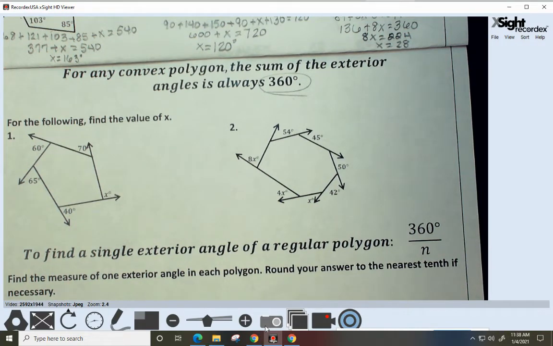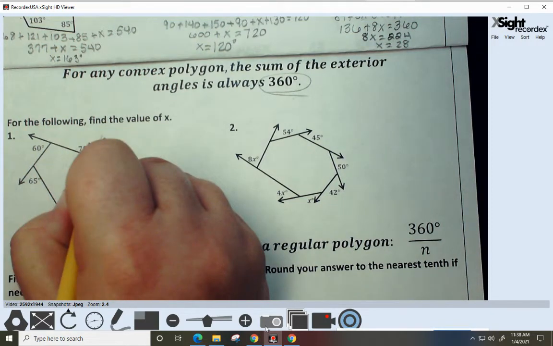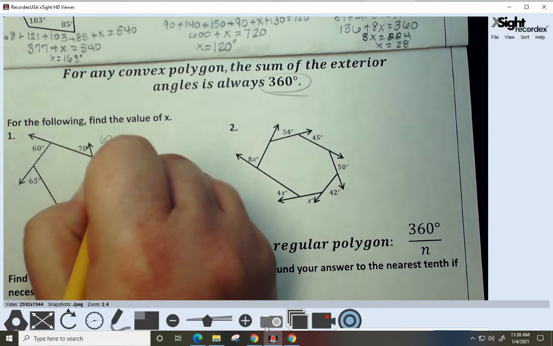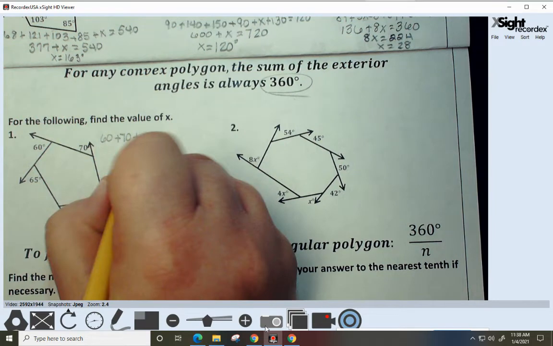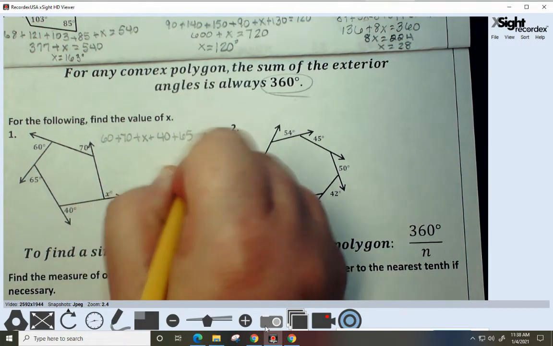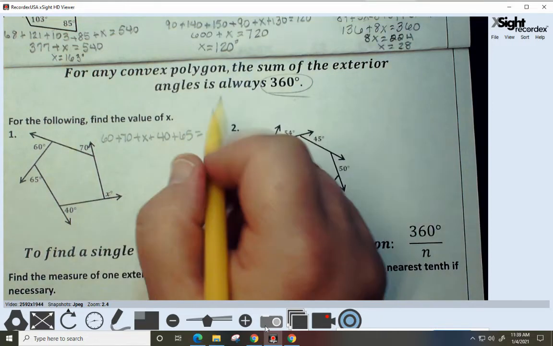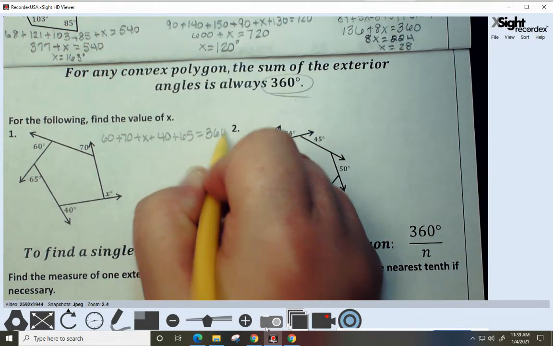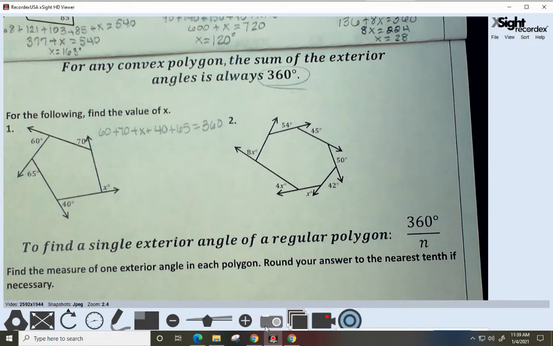So what I'm going to do is add up all these exterior angles: 60 plus 70 plus x plus my 40 plus my 65, and that's going to be equal to automatically 360. We don't find anything because they are exterior angles. They are outside of my polygon.